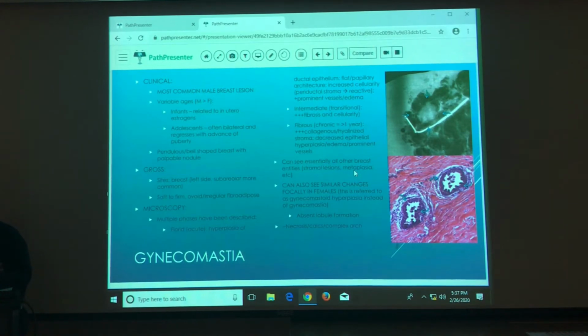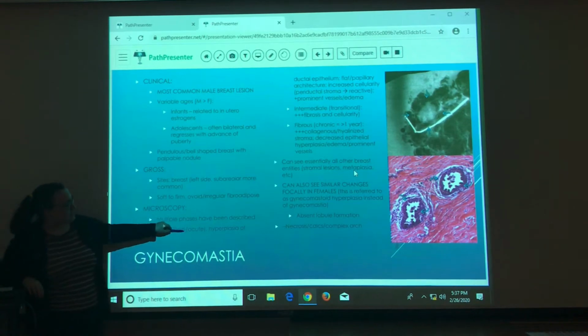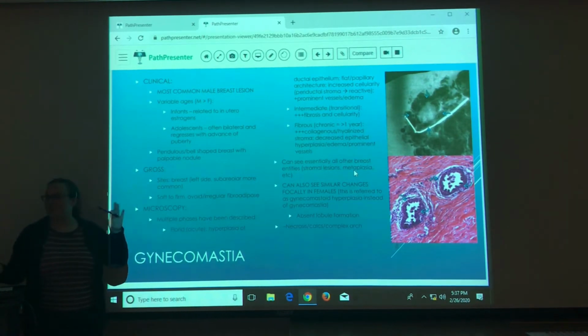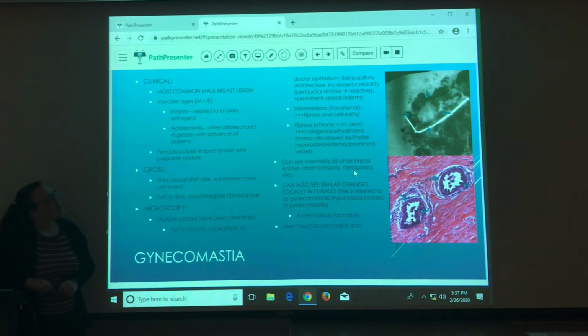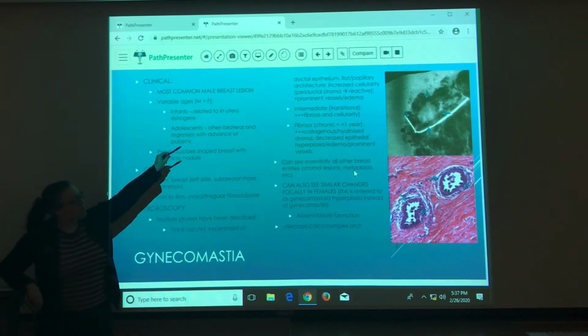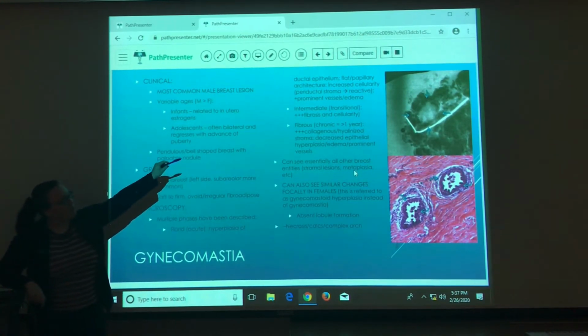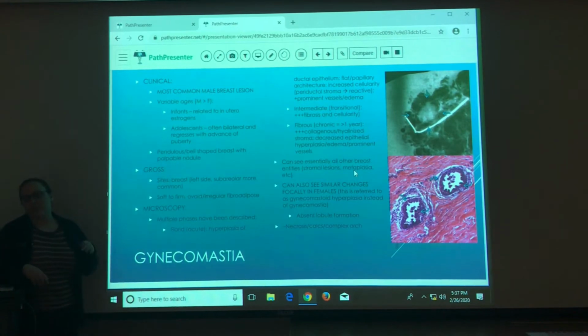You can see this in women as well, but it tends to be really focal, and when we see it in women, we call it gynecomastoid hyperplasia. Most of the cases where you said you see more UDH, that's the florid or acute phase, the first 6-8 months. Then they start getting more fibrosis, and when they've had it for over a year, we get that really fibrotic look.